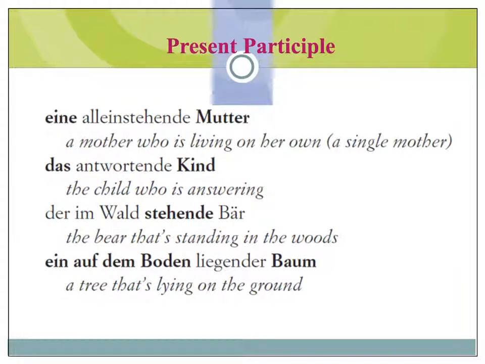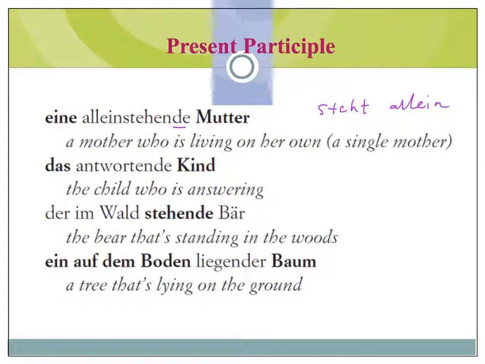Right here, 4 more examples of present participles. Eine alleinstehende Mutter. Sie steht allein. And this is a compound used of standing alone or living on her own, in this case, being independent.